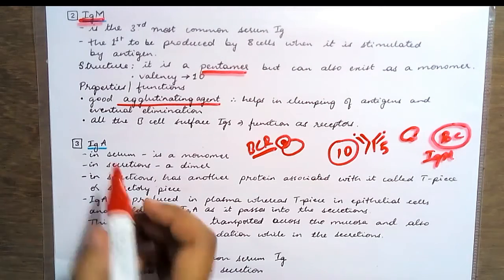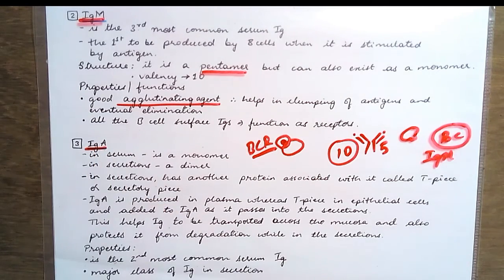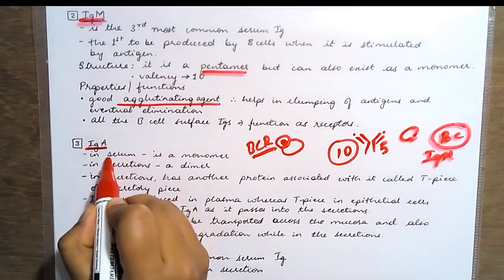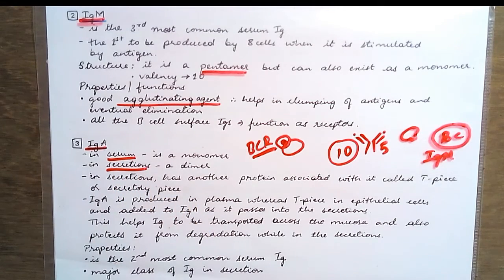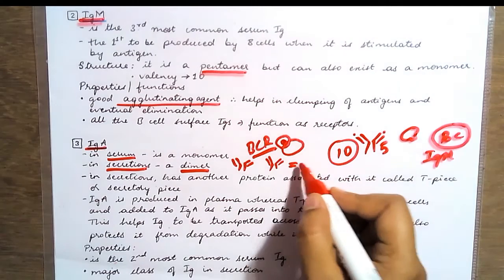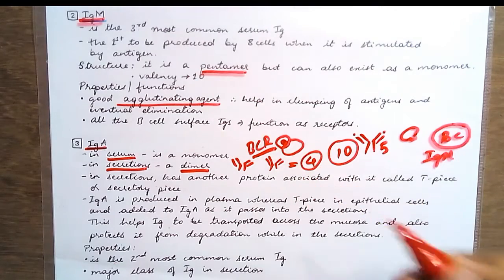Then comes IgA. These IgA are present both in serum and in secretions, and while in serum they are present as monomers, whereas in secretion they are present as dimers, that is, two Ig molecules are present together, and hence you can guess what its valency is.